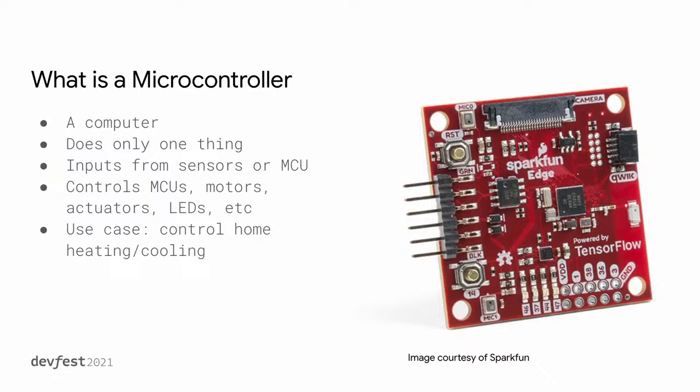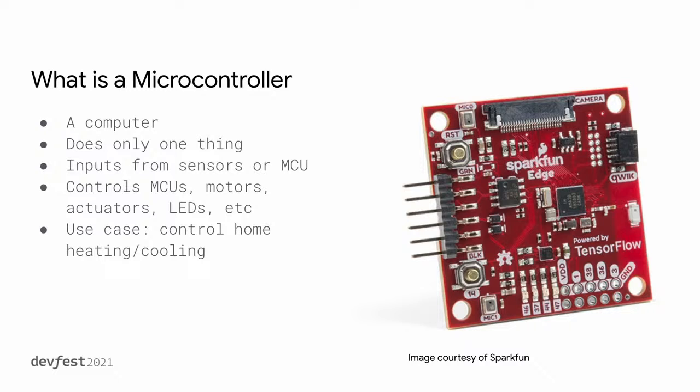However, when you come to microcontrollers, the input and the output are via what we call general purpose input and output pins. And the input and the output are usually some sort of electrical current or voltage. And these are directed via the pins. Inputs are via sensors, or the input could be from another microcontroller.